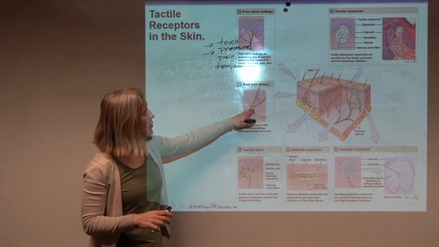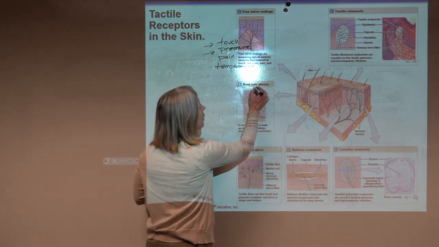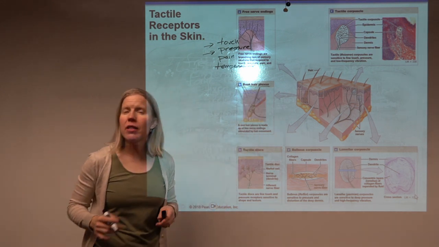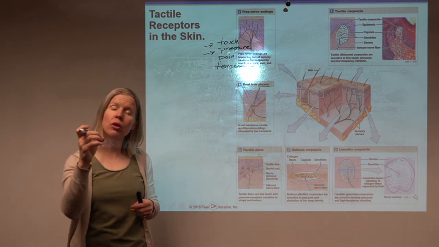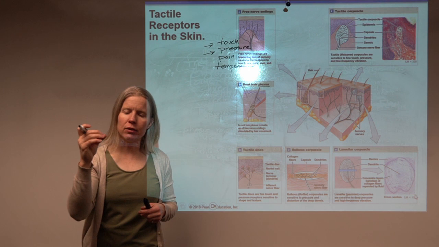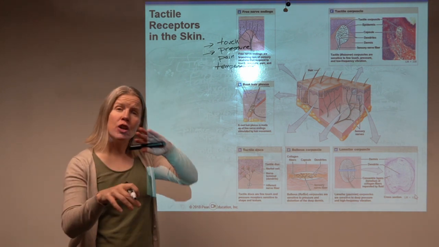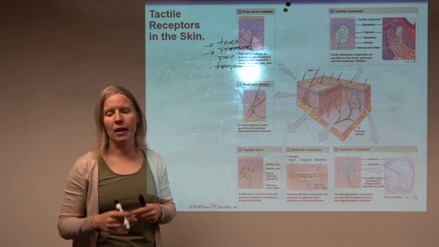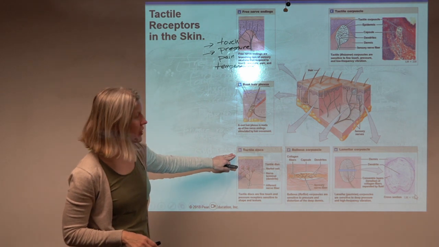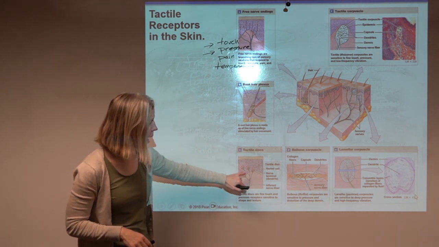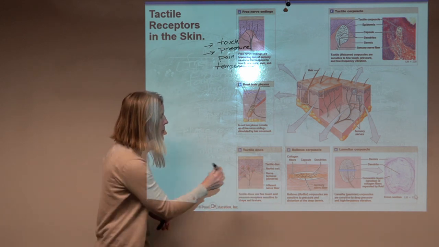We also get information on the surface of the skin. If you think back to chapter 5, I think, the integument, this root hair plexus is a bundle of nerves wrapping the root of a hair, so that when the hair is displaced, we can get information from that. We have what are called tactile discs, where we have a tactile or Merkel cell sitting on top of a free nerve ending.